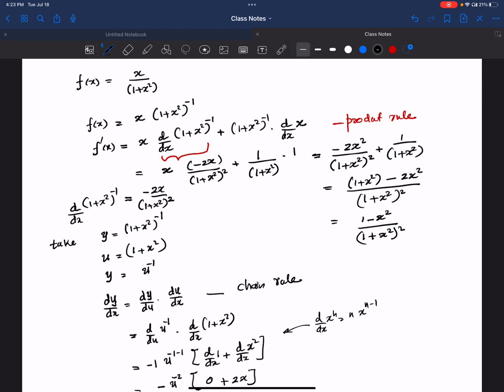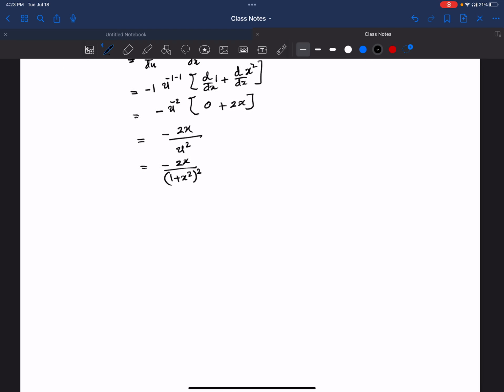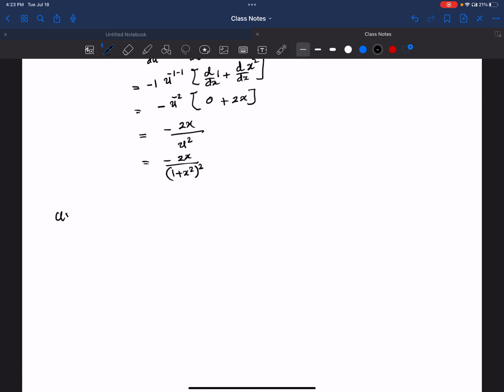If I want to use the quotient rule, I can do that as well. In that case, you need to remember another equation. You are given this, using the quotient rule directly.